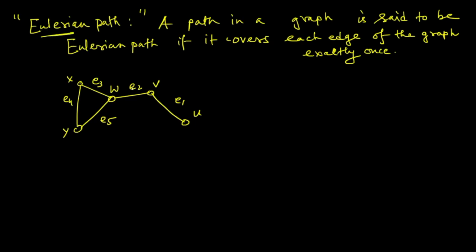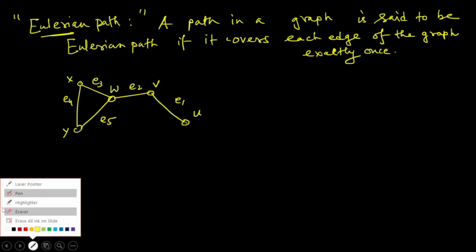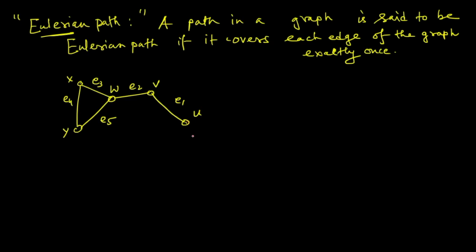There can be multiple Eulerian paths. If I consider this traveling, suppose u to e1, then v, then e2, then w, then e3, then x, then e4, then y, then e5 and come back to w.